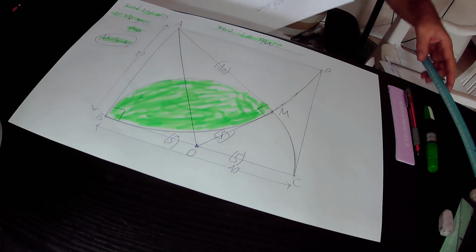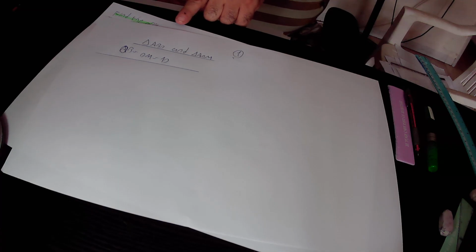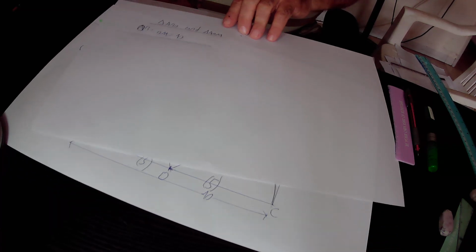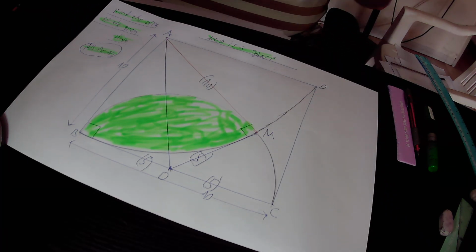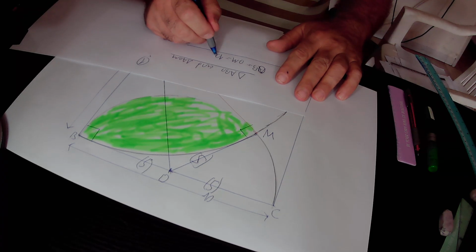Meaning again, we found out that side OB of the right triangle ABO equals side OM of the right triangle AOM. They are both the radii of the semicircle, equal to 5, and therefore they are equal to each other.